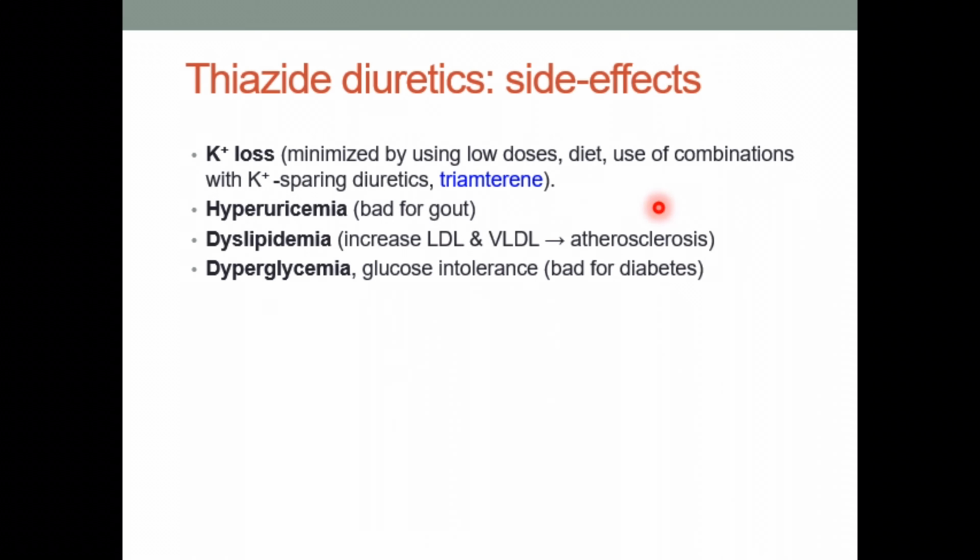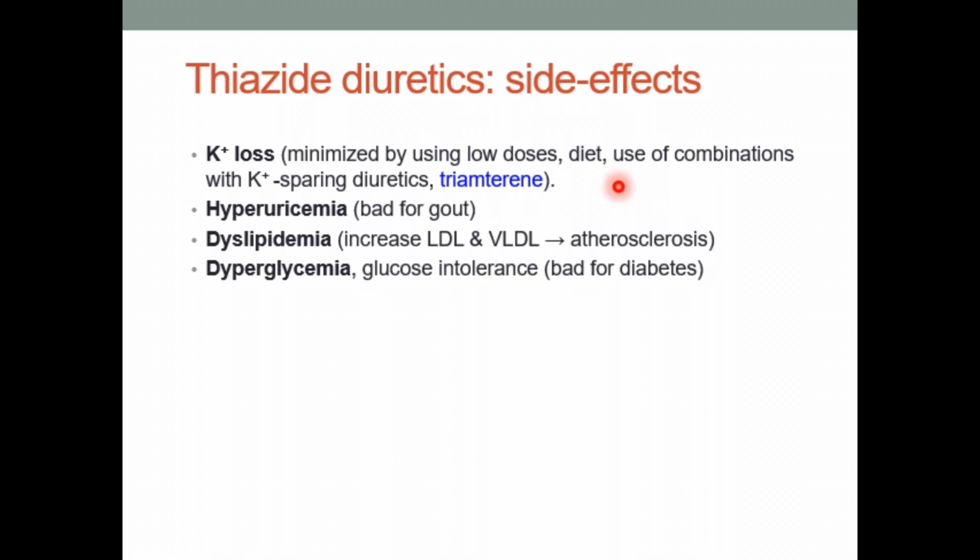Side effect of thiazide, as we have already mentioned just now, is potassium loss. And how do you avoid the potassium loss due to intake of thiazide? By using low doses. We have mentioned this, and diet.